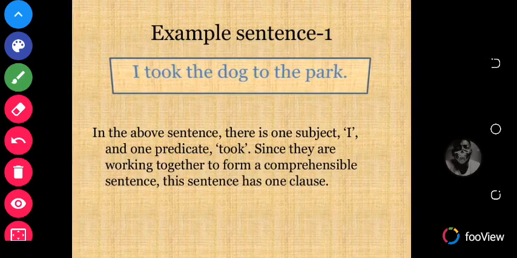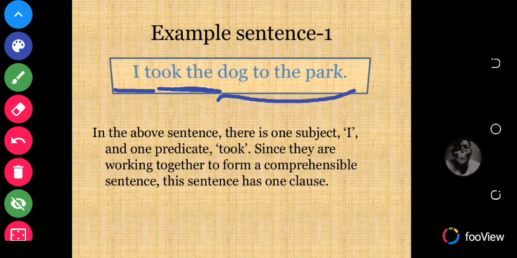In this example sentence, I took the dog to the park. The subject here is I, and the predicate is the verb took, and the rest of the sentence is the dog to the park.